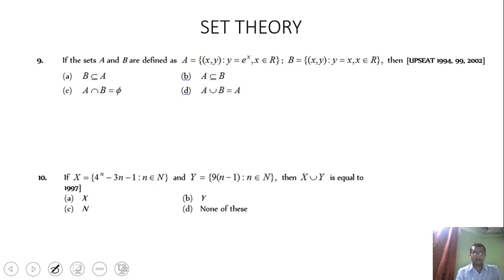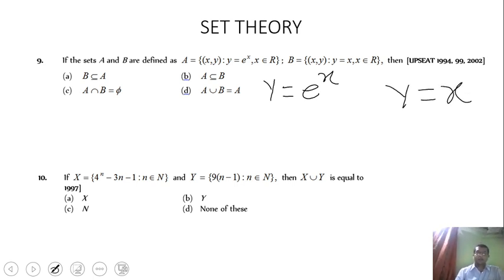Example number 9. If the sets A and B are defined by, A is defined by a relation y equal to e raised to x and B is defined by a relation y equal to x, then we have to examine the following four relations.